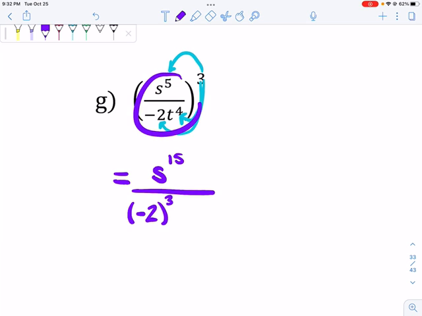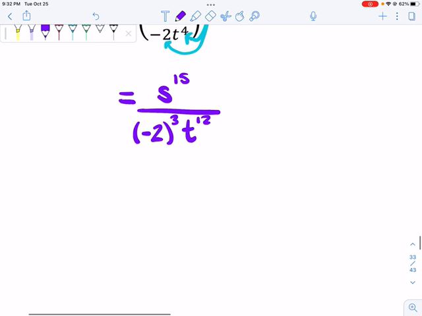Just because we have that negative here in the repeated multiplication, if we wanted to write it out, we also must include it when we apply that exponent law. And last but not least, we have t to the power of 4 times 3, which is 12. Again, so very close to being done, but not quite yet.